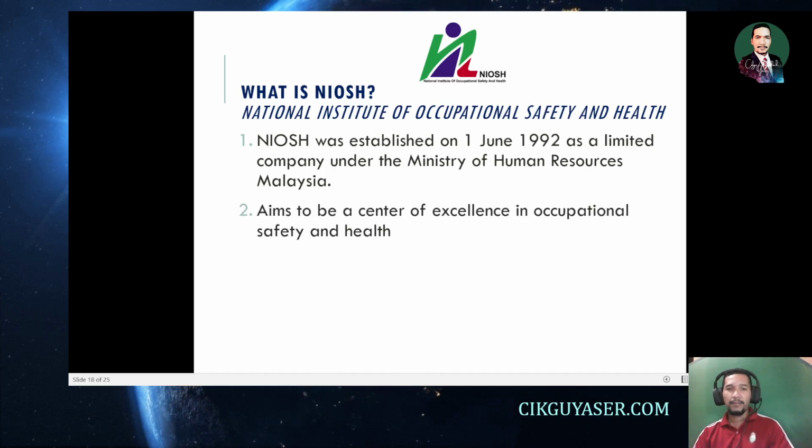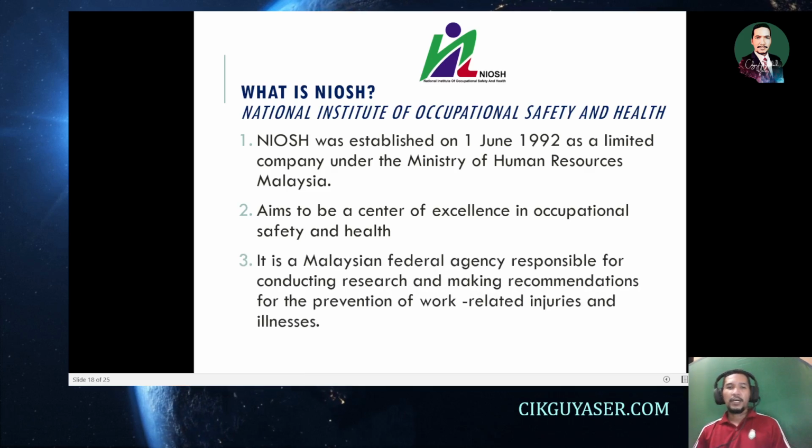The aim of NIOSH is to be a center of excellence in occupational safety and health, and it is a Malaysian federal agency responsible for conducting research and making recommendations for the prevention of work-related injuries and illness.